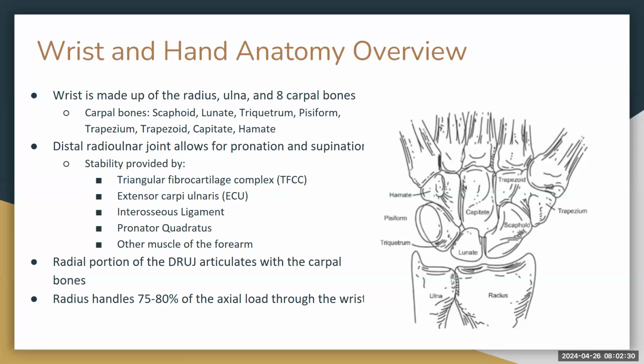So I imagine everything in there just kind of helps stabilize. The radial portion of the DRUJ articulates with the carpal bones. And then the radius handles about 75 to 80% of the axial load through the wrist. So I kind of think of it as like the tibia and the fibula compared with radius and ulna.